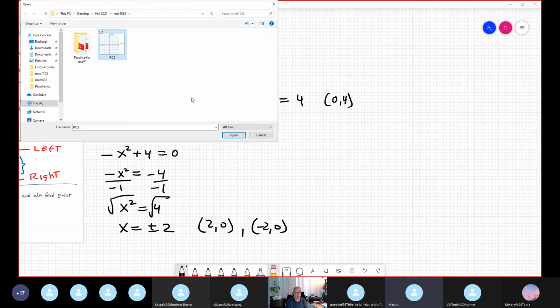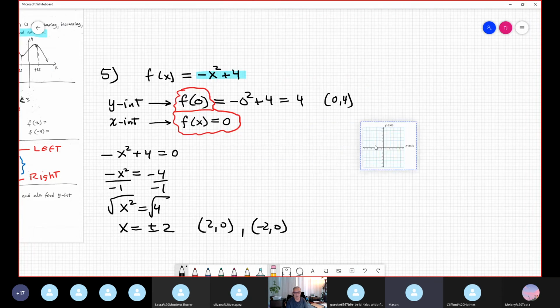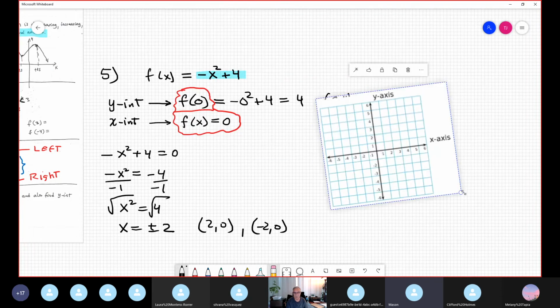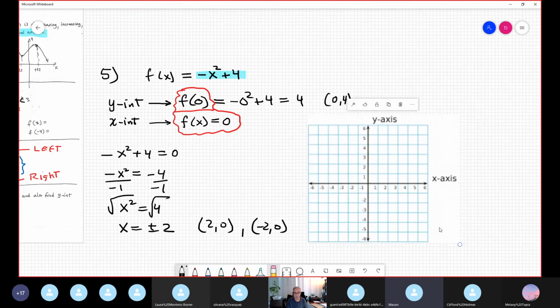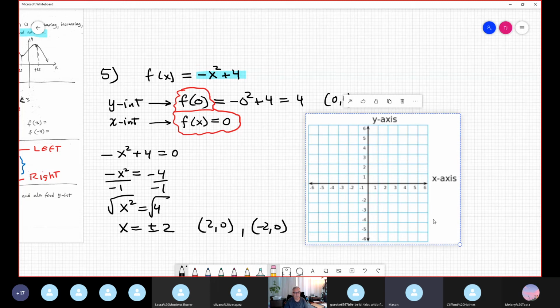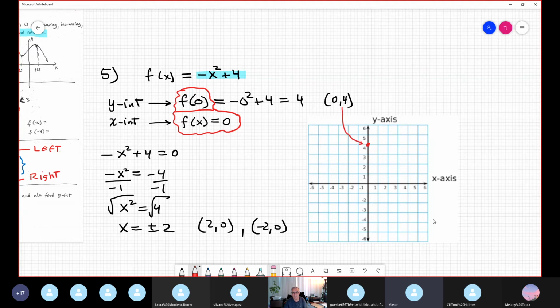Let me try to do now a more elegant sketch of the parabola in this example. Here you plot the point 0,4, that guy here, the y-intercept. This guy, negative 2,0, positive 2,0.